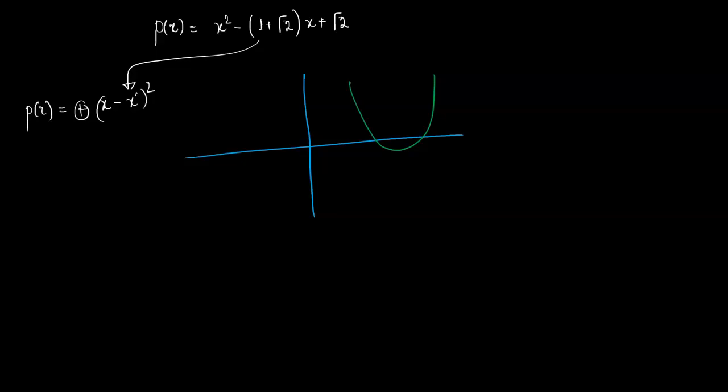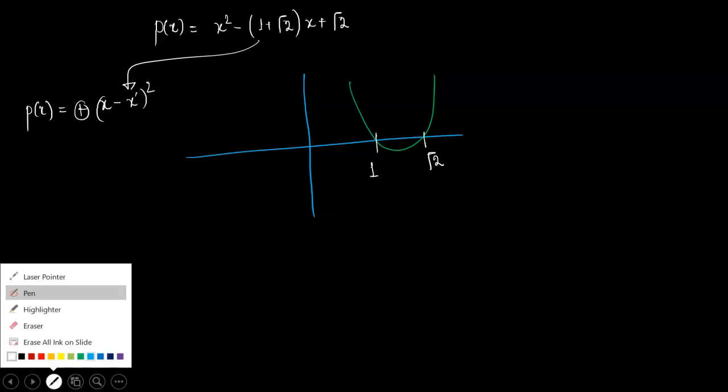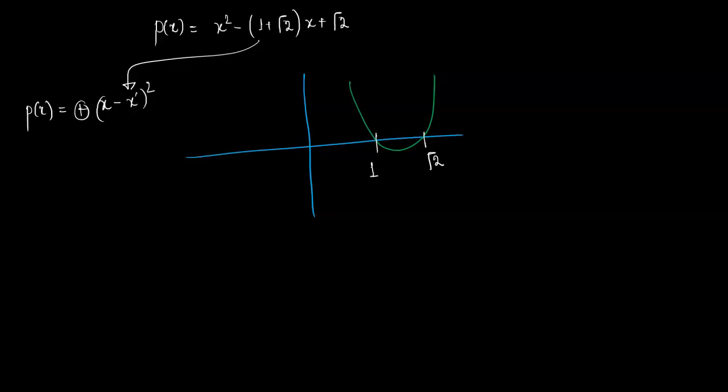Okay, there are two roots, one is 1 and another is root 2. So we can see that before 1 the value of p(x) is positive, between the roots it is negative, and again it is positive after.